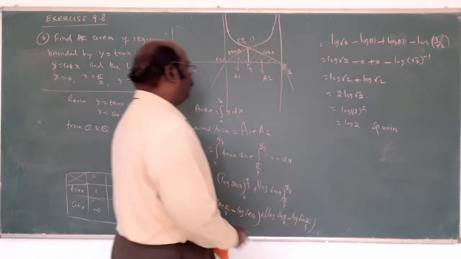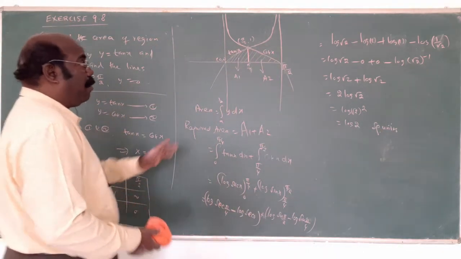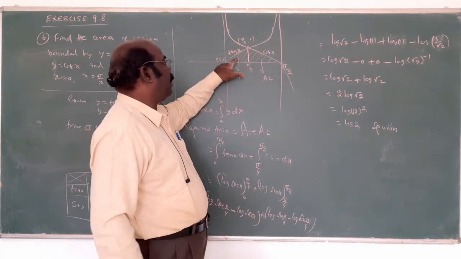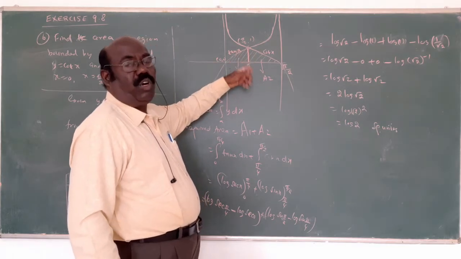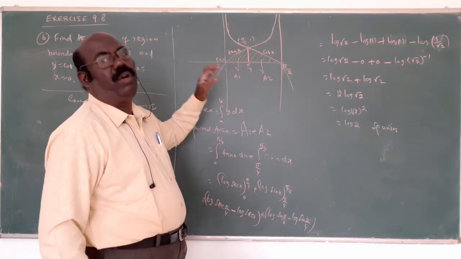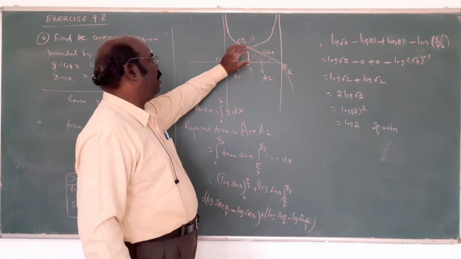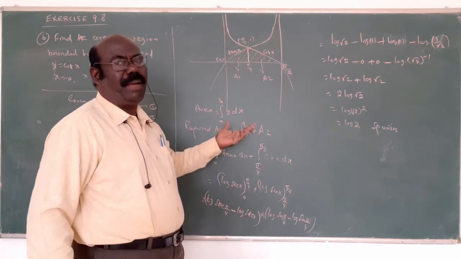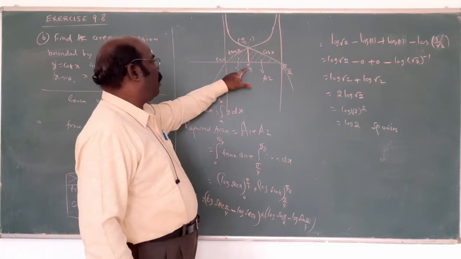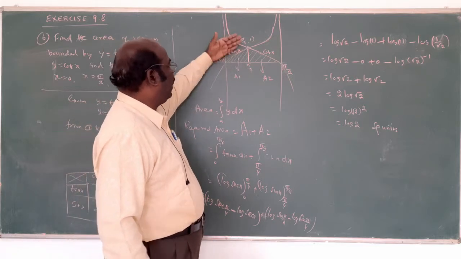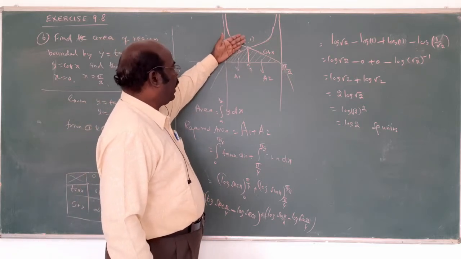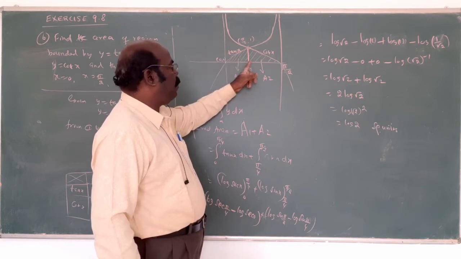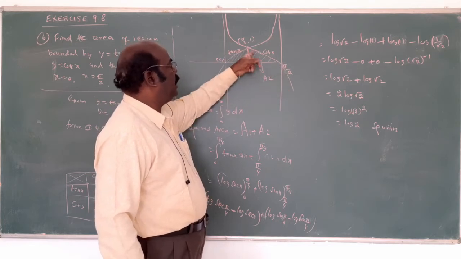But for this type of problem, where the limits are 0 to pi by 4 and pi by 4 to pi by 2, it is a separate problem. Don't use the y1 minus y2 formula. There is only one area: the tan curve and the cot curve are not combined together, where you would take maximum area minus minimum area. Here from 0 to pi by 4 the curve is only tan x, which lies on the x-axis, and from pi by 4 to pi by 2 the curve is cot x.